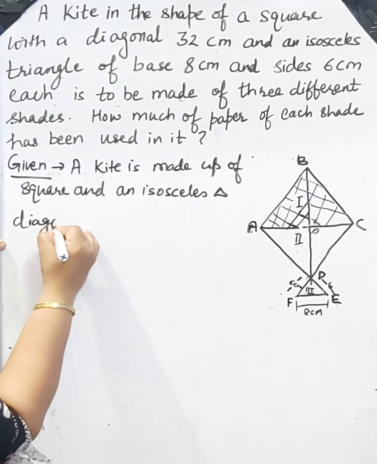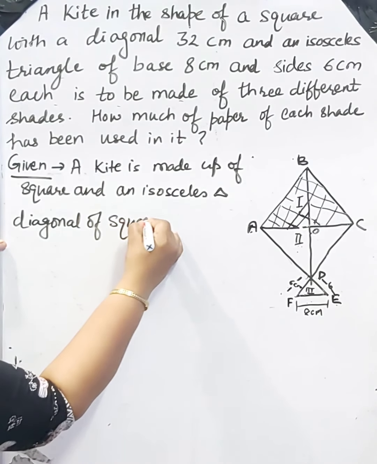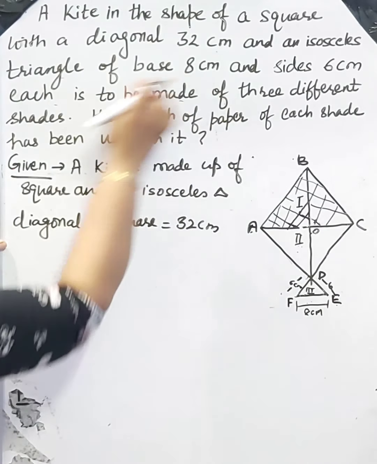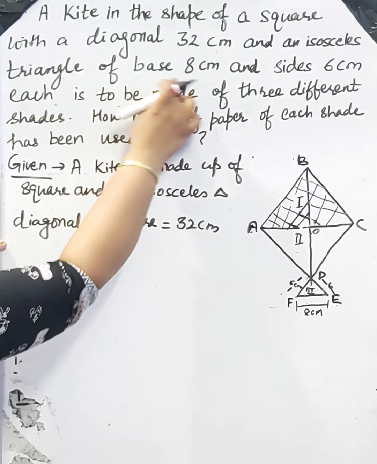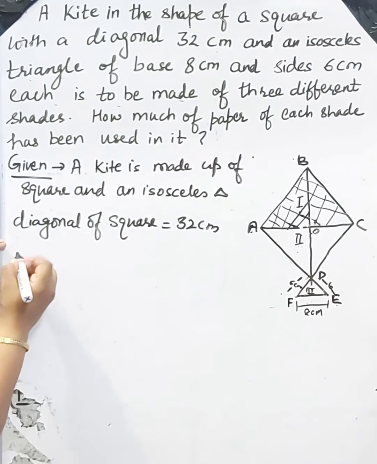The diagonal of the sphere is given as 32 centimeter, and the sides are 6 centimeter each and the base is 8 centimeter of an isosceles triangle.